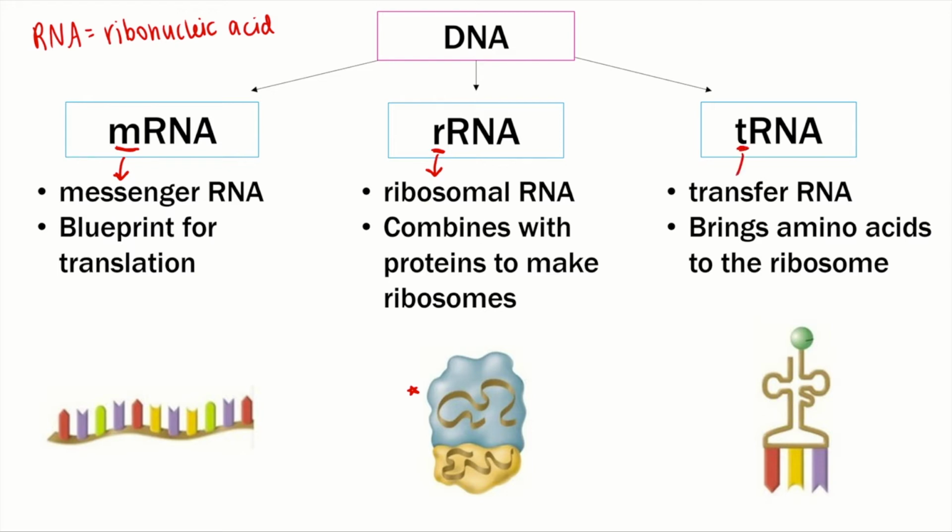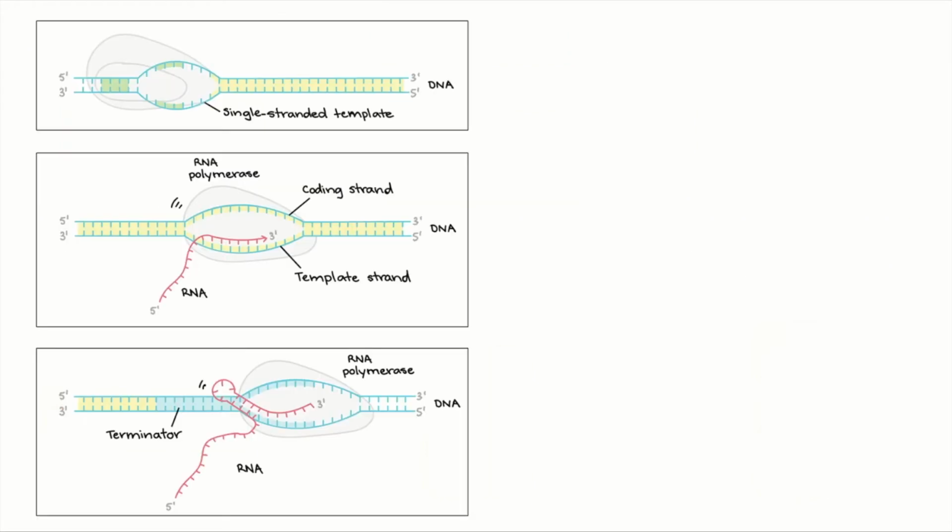So this is our T here, transfer RNA. And this is going to bring amino acids to the ribosome during translation. So these are all going to be really important when we talk about translation in the next lesson. And in transcription, we're able to take DNA and form RNA. Now we're going to look at our steps of transcription.